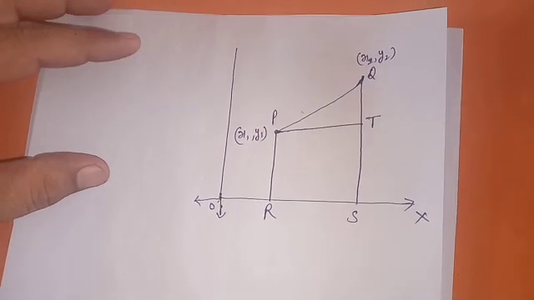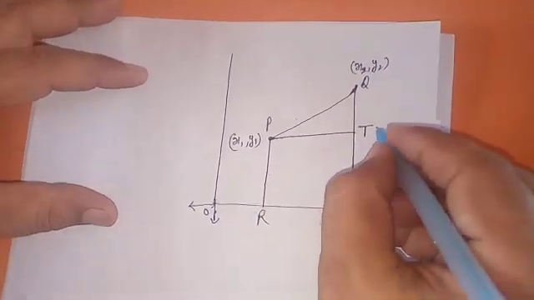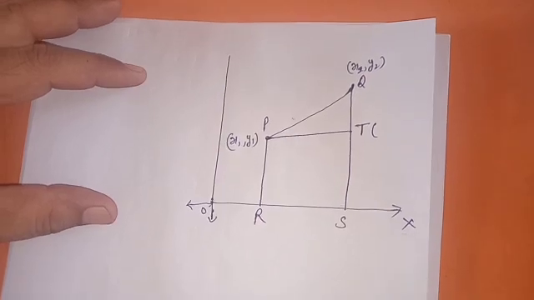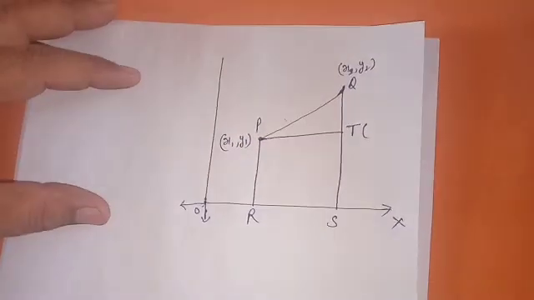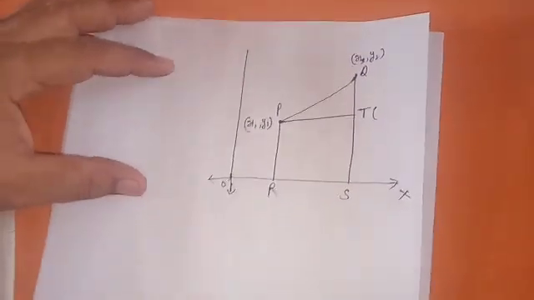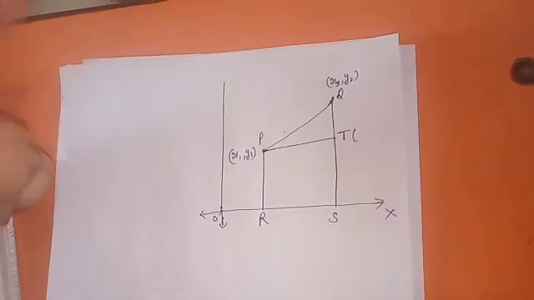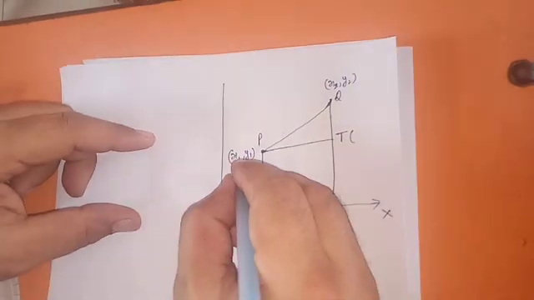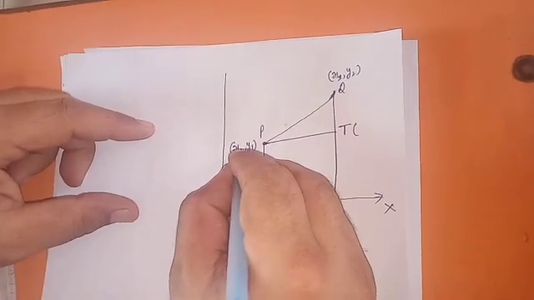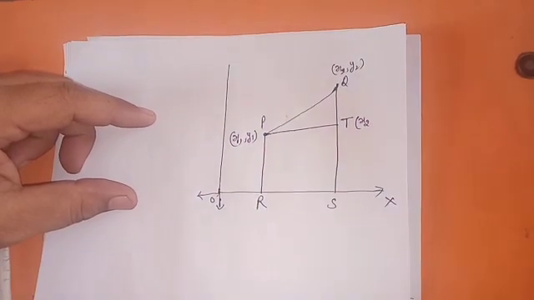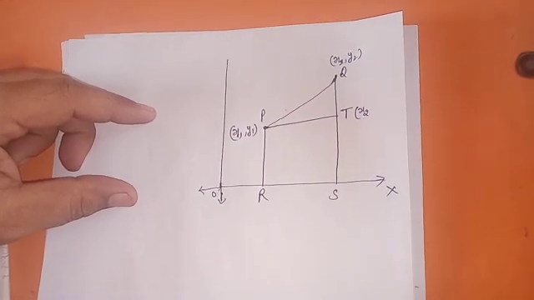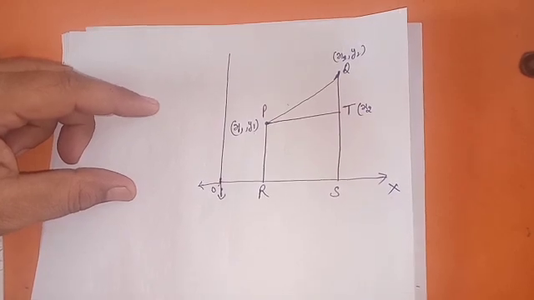So first we have to find the coordinates of point T. This distance remains the same. It means the distance from the y-axis is the x coordinate. It means x2.